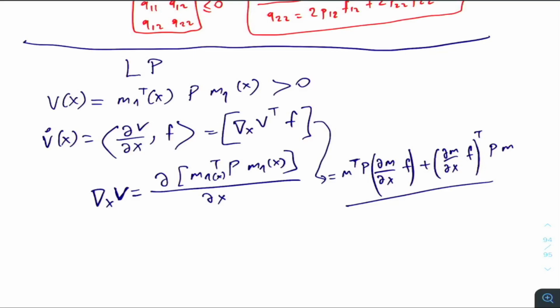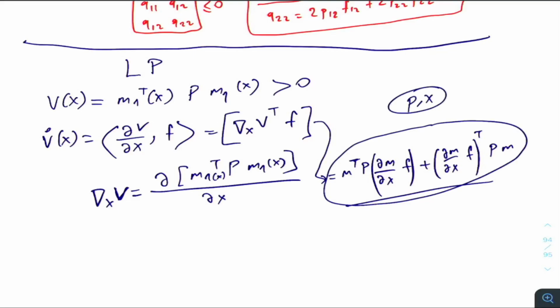Okay, and the problem is this: this depends on p and x, and we want it to be represented by M2 basis functions, Q and M2, where Q is less than 0.